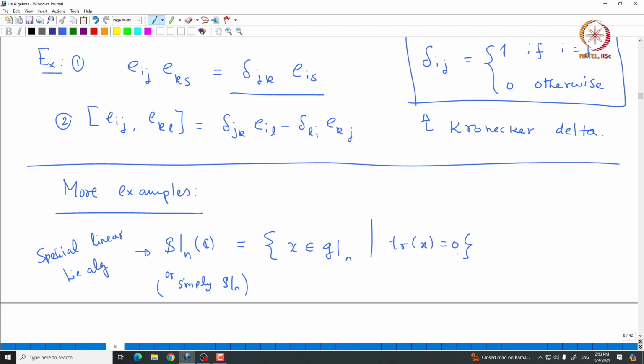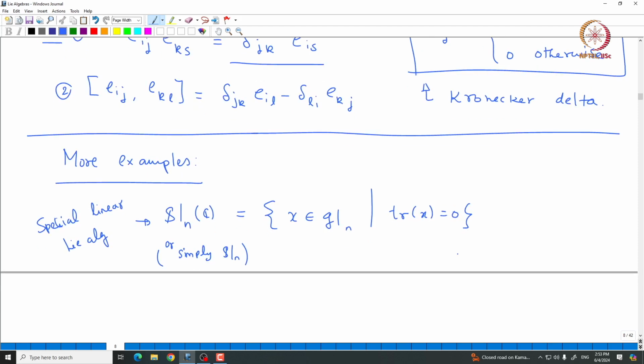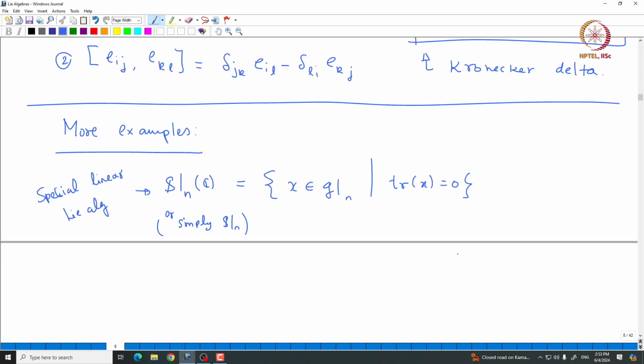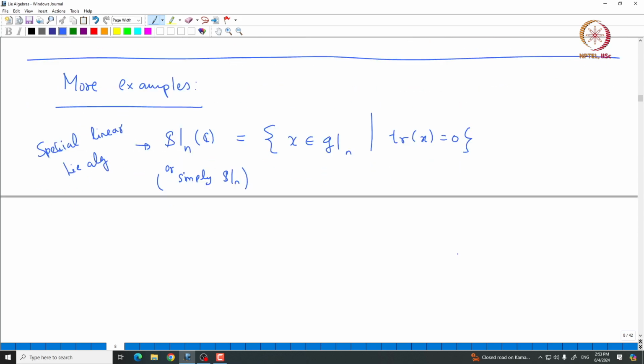It is not hard to see that this SL_n(C) is a Lie algebra on its own by taking the commutator bracket, [A,B] equal to AB minus BA. I will leave it as an exercise to verify that.